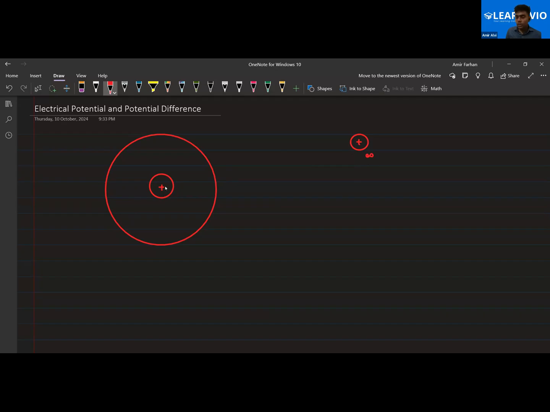What is the consequence of that? If I take this charge close, I said repel. Mariam, Zainab, and Elvina, what would happen? Repel. Okay. What will happen if I take this charge nearer to this electric field region? Will it repel or will it attract?